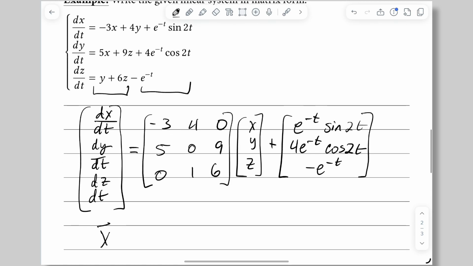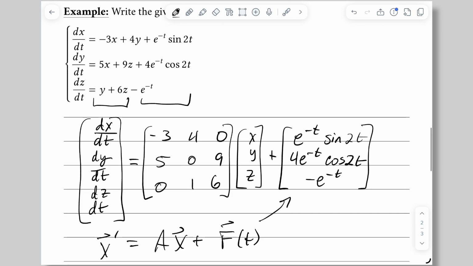Again, we have our x prime on the left equals Ax plus f of t, our column vector of functions of t. Another way to write that column vector of functions, since we do see e to the negative t in every entry, we could also write this as the sine of 2t, 4 times the cosine of 2t, negative 1, and then multiply by e to the negative t on the outside of the matrix.